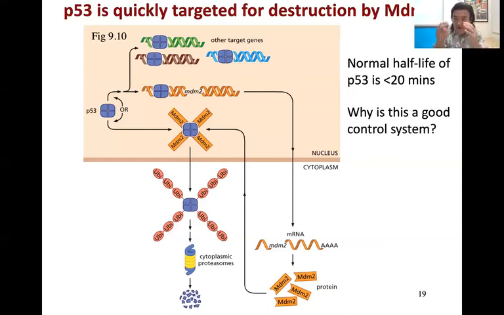So all you have to do is very quickly block the association between Mdm2 and p53, and then the p53 will be allowed to escape from being ubiquitinated and degraded.